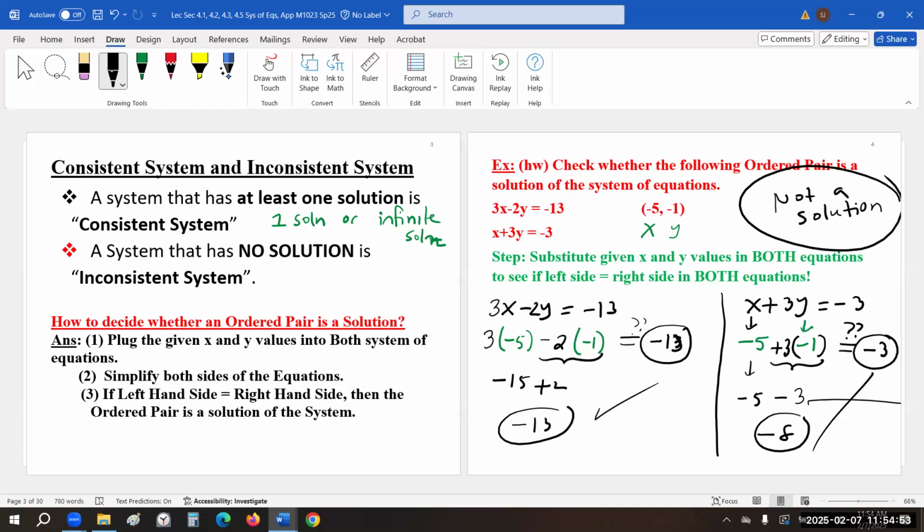Instead, we are going to use a new method called the substitution method. In the substitution method, we solve for one variable from one equation. And whatever we get for that variable, we substitute that into the other equation and then simplify.